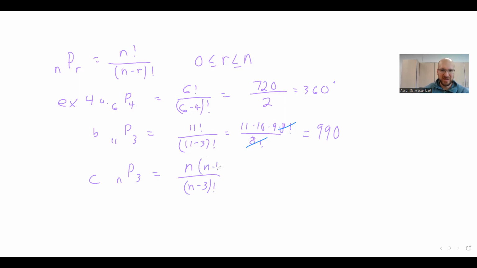So the top is n times n minus 1 times n minus 2 times n minus 3 factorial. And that's n. We'll leave it in factored form: n, n minus 1, n minus 2. Okay. So applying permutations. We'll probably use the calculator for this.